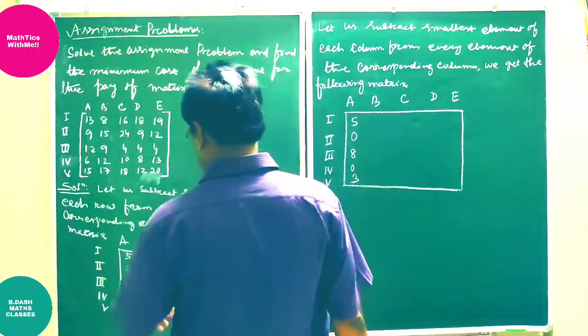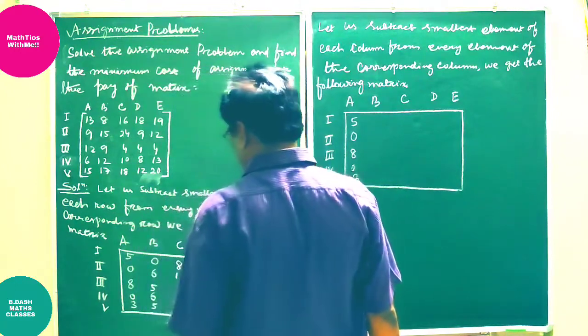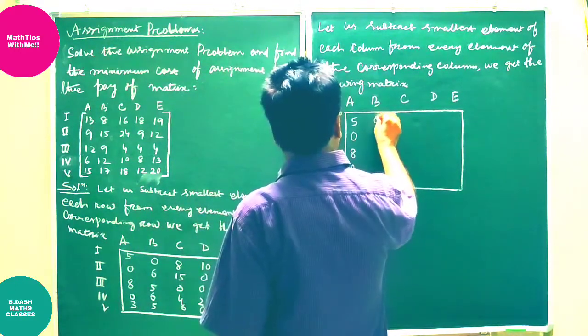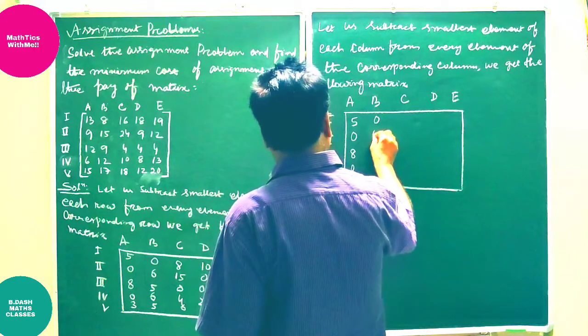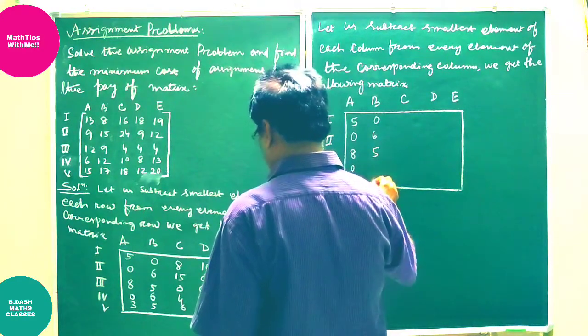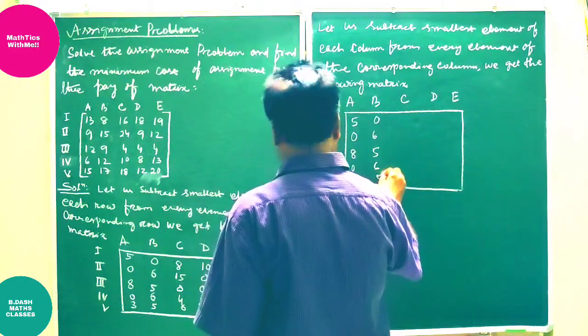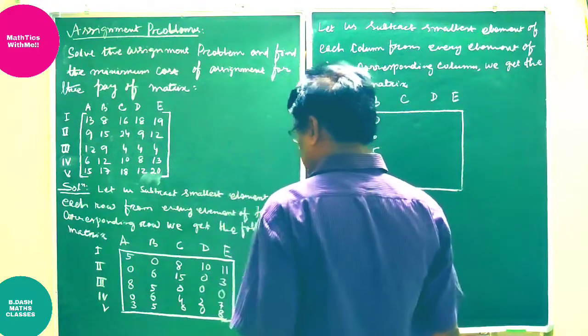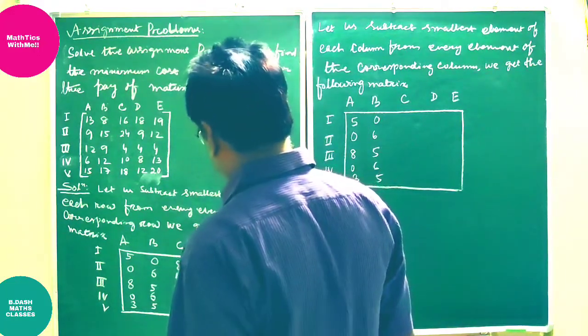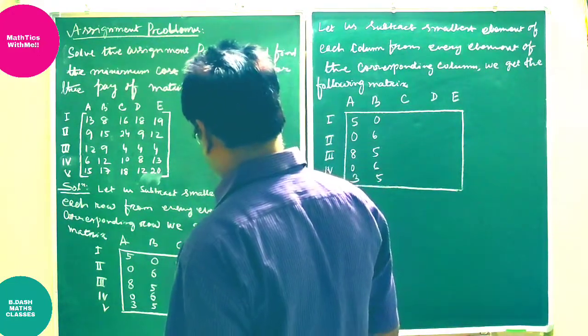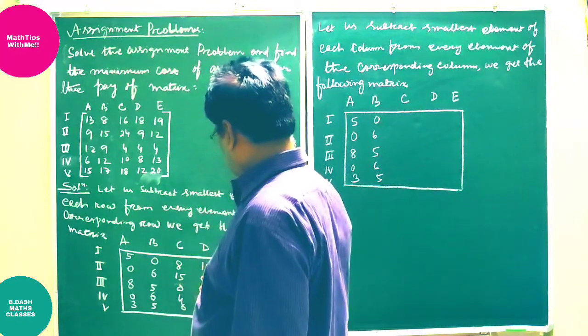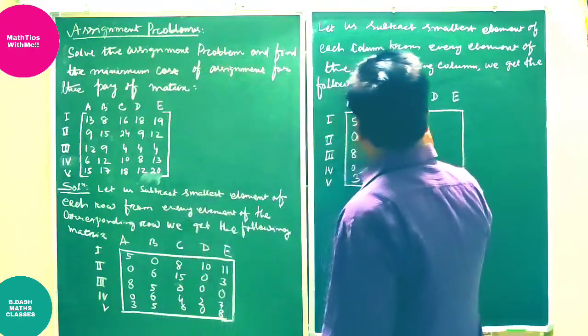Next, we are also having 0, so there will be no change. 6, 5. In the third, we are also having 0.